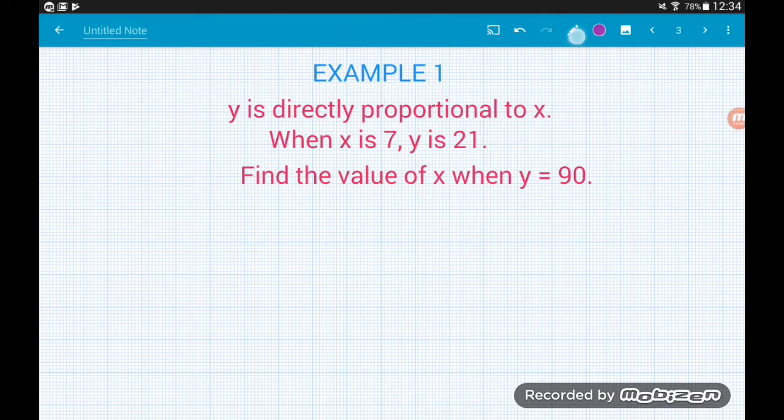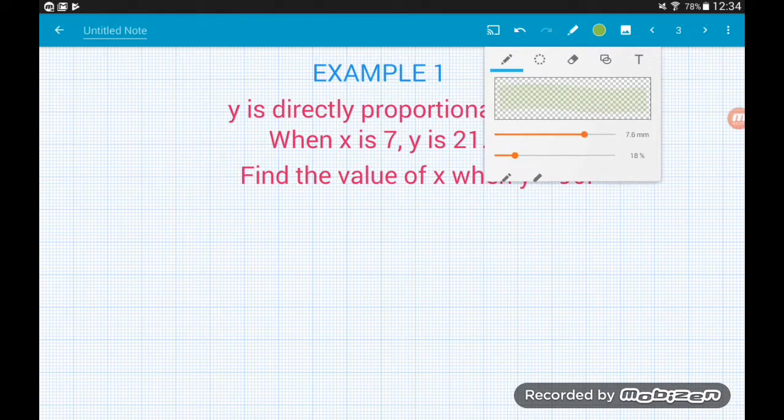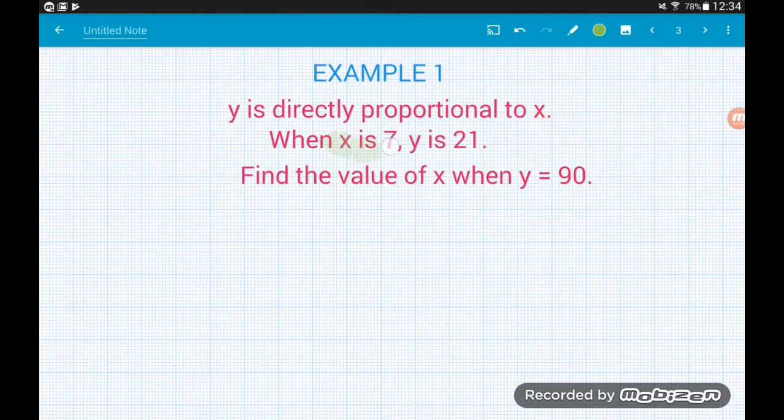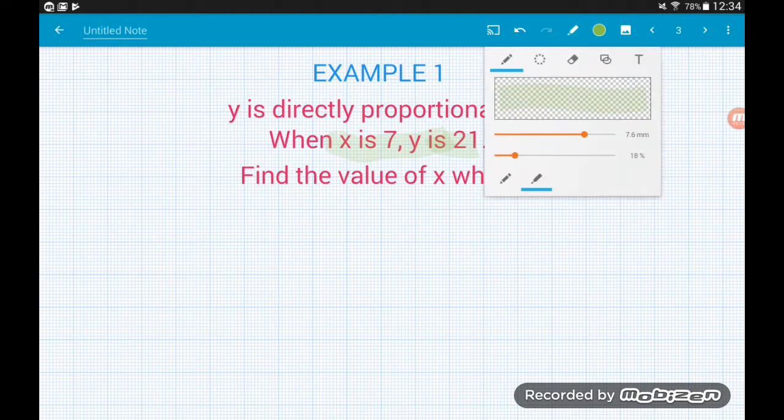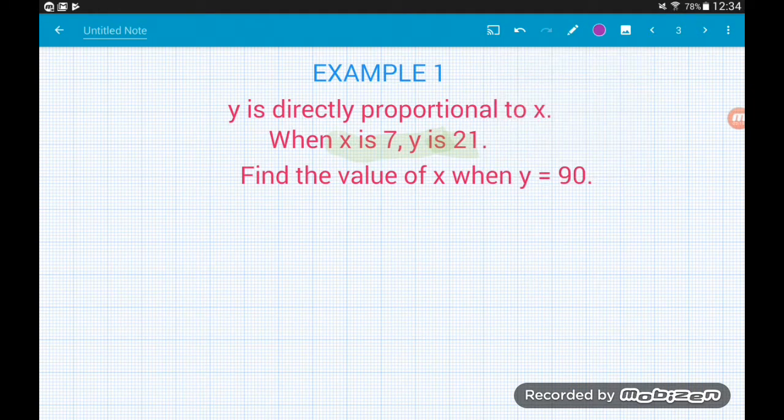So those two pieces of information there are what we call the initial conditions. Those are what we can use to work out the exact relationship between the variables. So we want to find the value of x when y is equal to 90. So how do we do that?